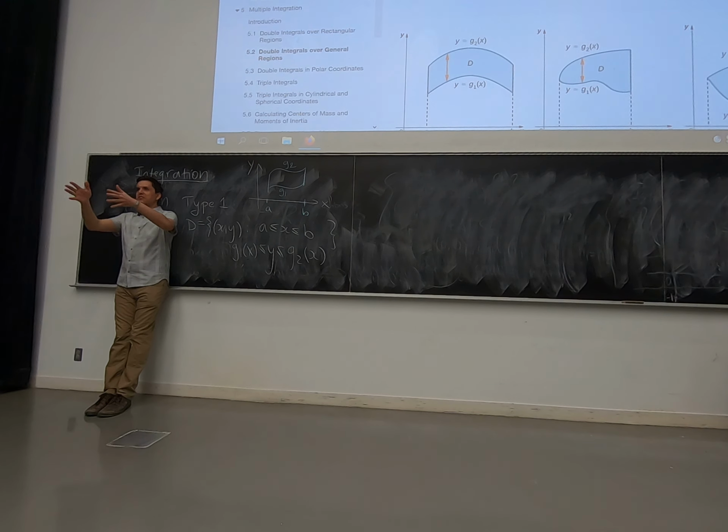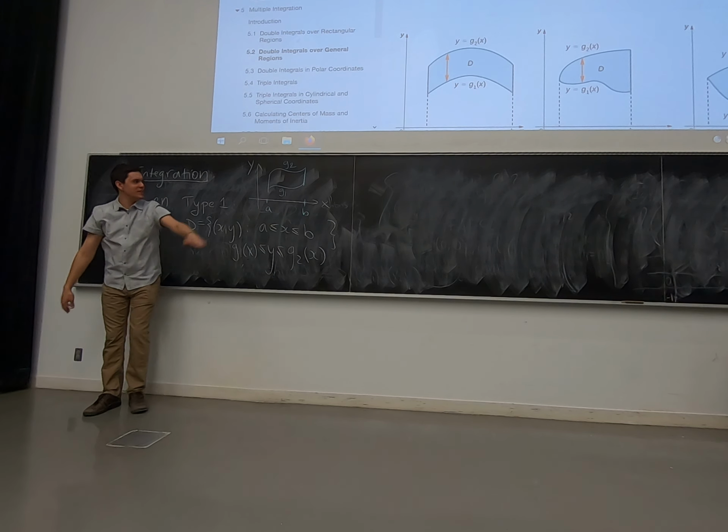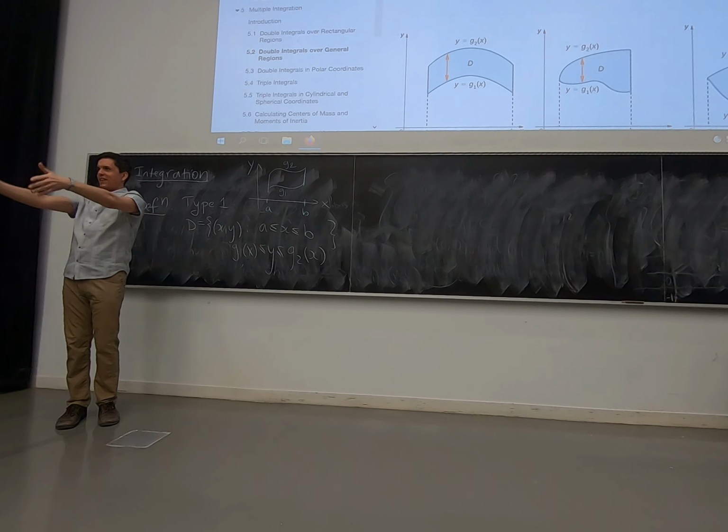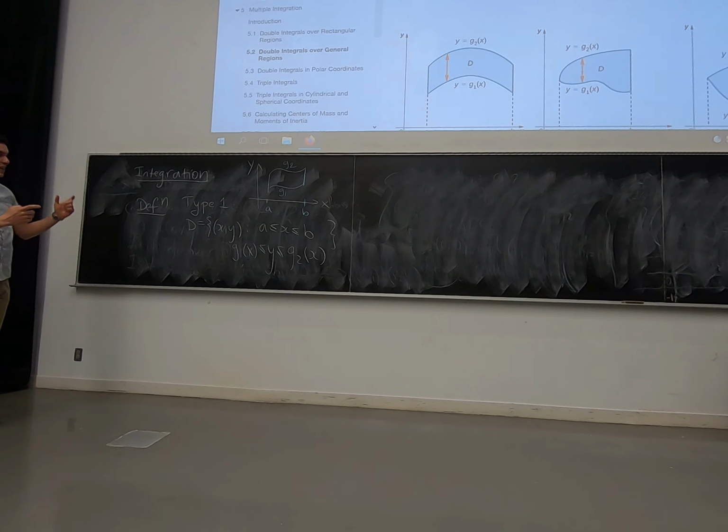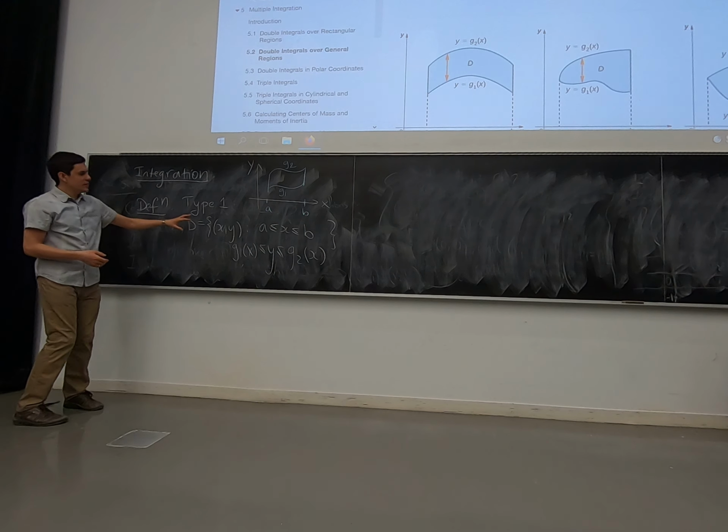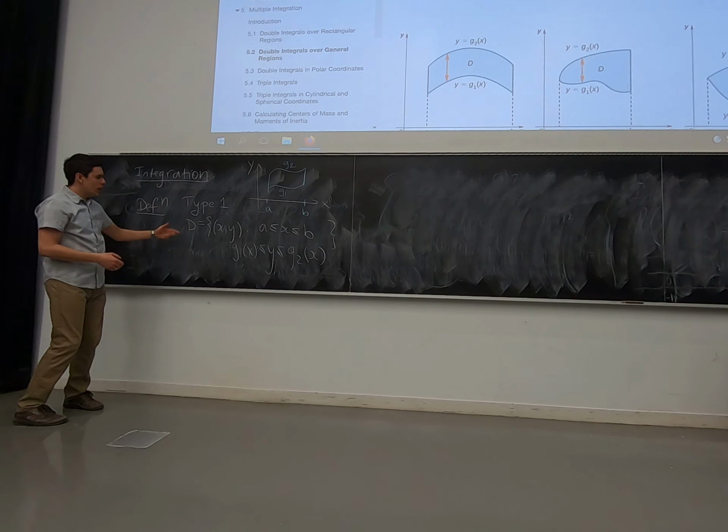So I want everyone to take their hand and say type 1 region, like this. Type 1 region, bounded up and down by our functions. Type 2 is this, but in the y direction.